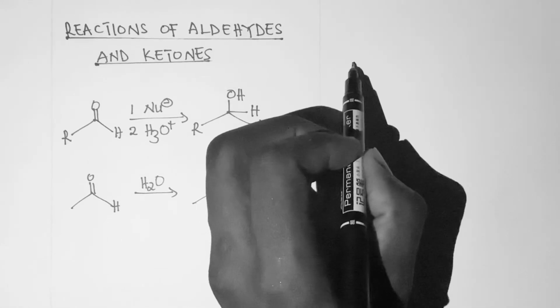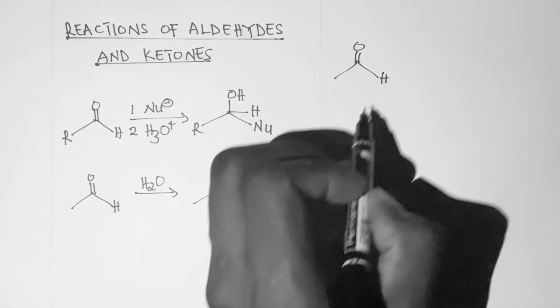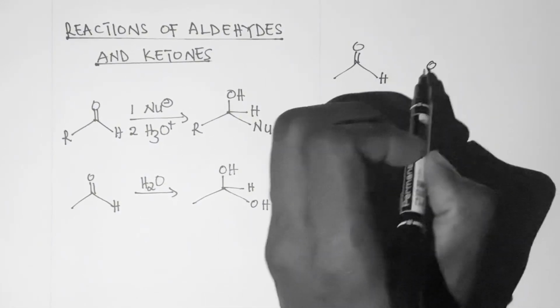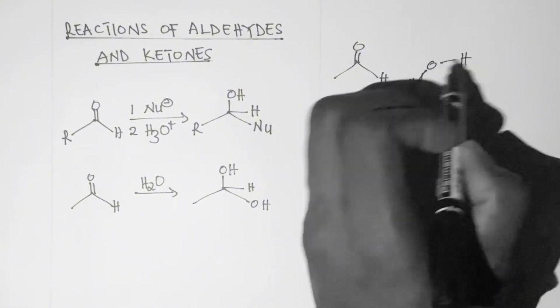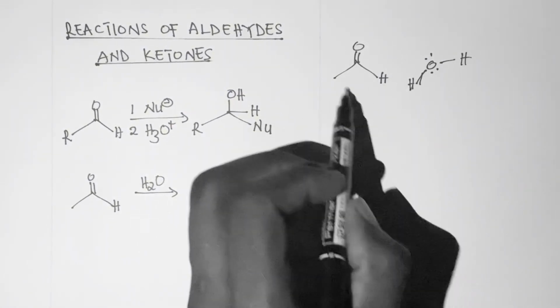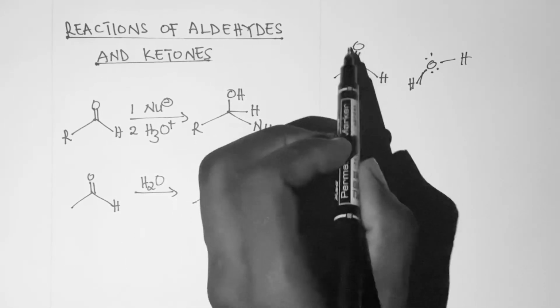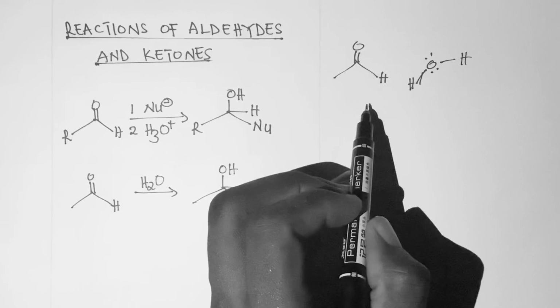The first thing is that we have this as starting material, which is the ethanol. But we know that water has lone pairs of electrons, actually 2 lone pairs. If we consider this molecule, this oxygen atom is more electronegative than this carbonyl carbon.